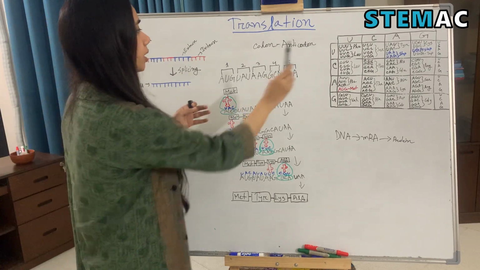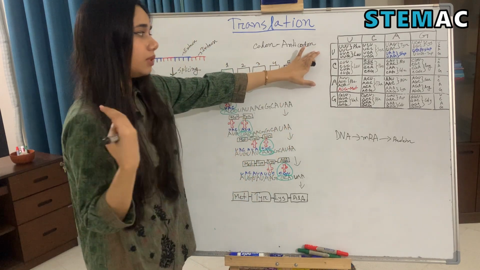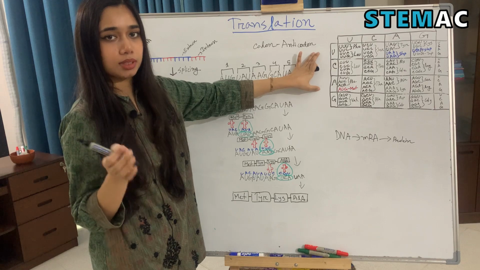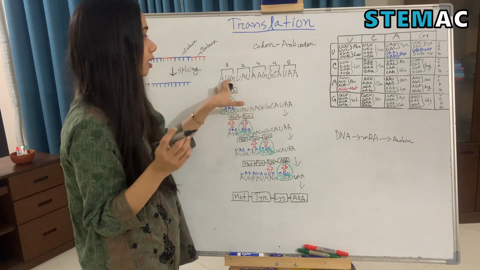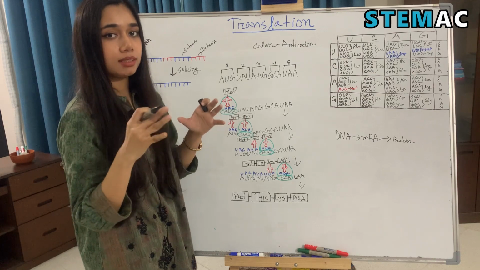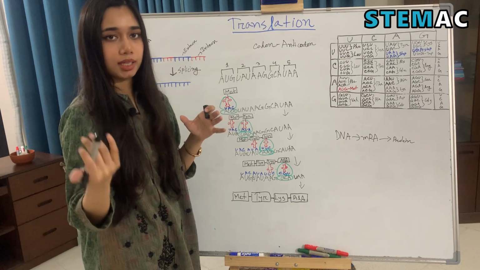Before that we need to know that there are 4 bases, right? Adenine, guanine, uracil and cytosine, and they are forming amino acids. When 3 bases are put together, those triplets or codons form an amino acid.